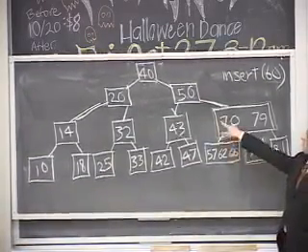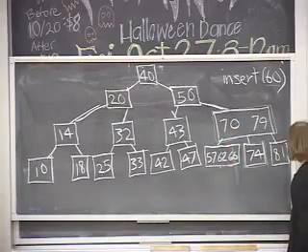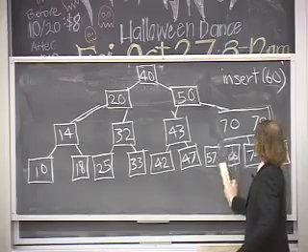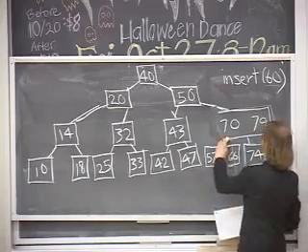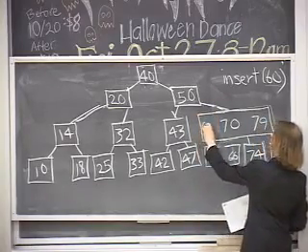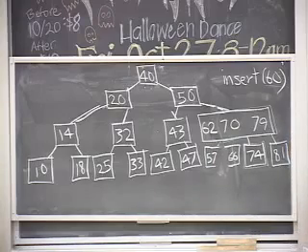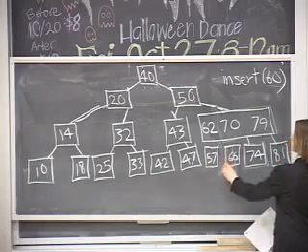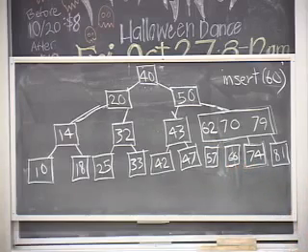So the 62 moves up here. And when we kick the middle node upstairs, its compatriots get divided into 1-key nodes of their own.